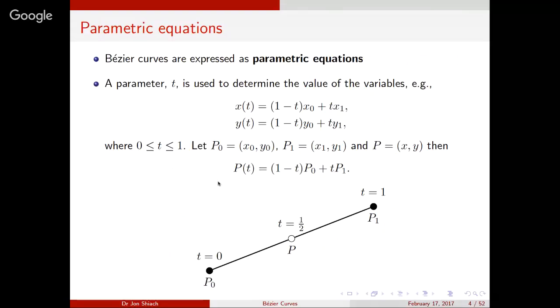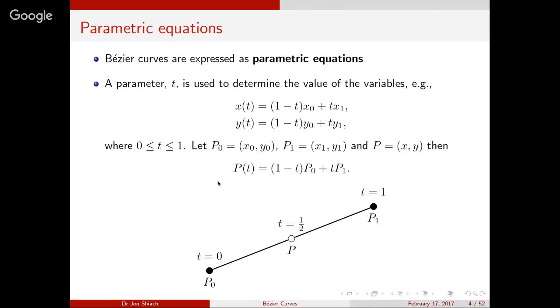You've also seen this in a slightly different form, which we did when clipping. If we remember, when clipping: a plus t times (b minus a). If you've done assignment 6, you've used this.